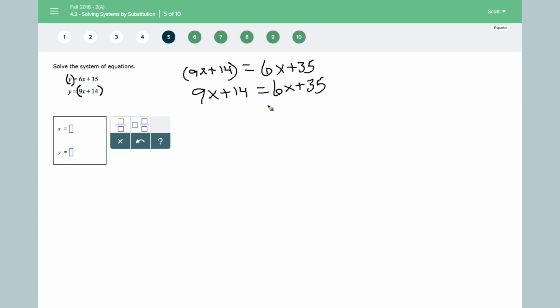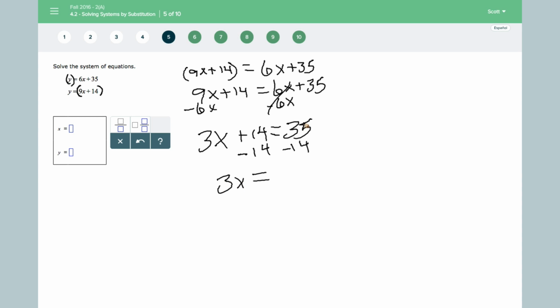I've got x's on both sides, so I'm going to subtract this 6x, giving me 3x plus 14 equals, this goes away, and I'm left with 35, minus 14, and I'm left with 3x equals, and 35 minus 14, that's 21, divided by 3, and I have x equals 7. So right here I'll put my 7.